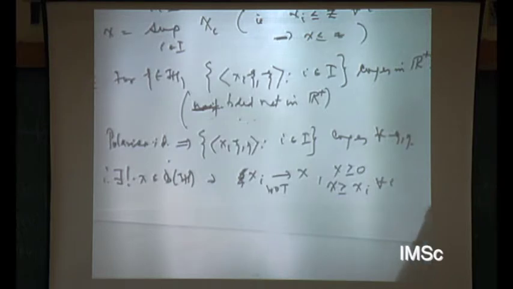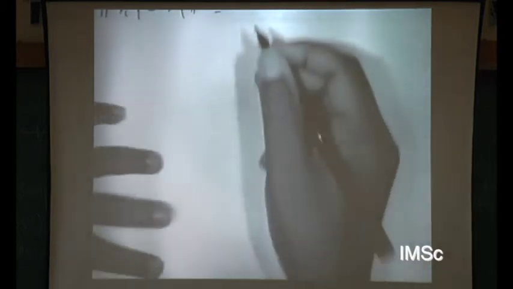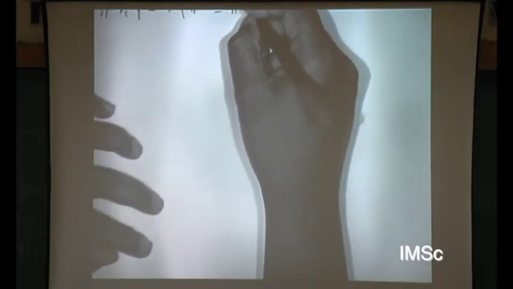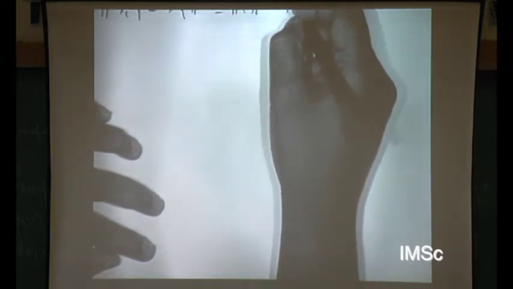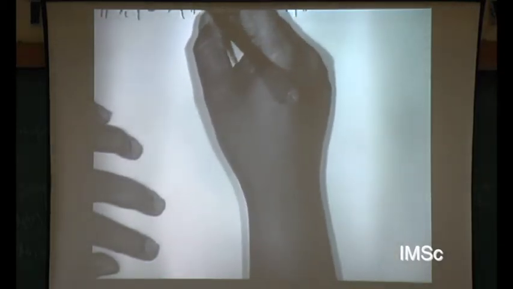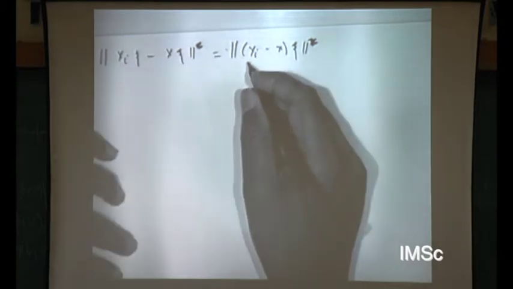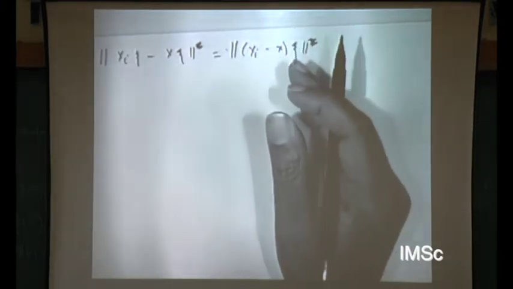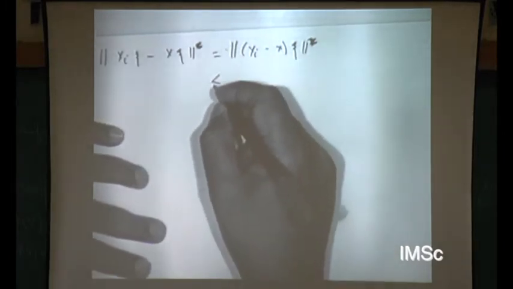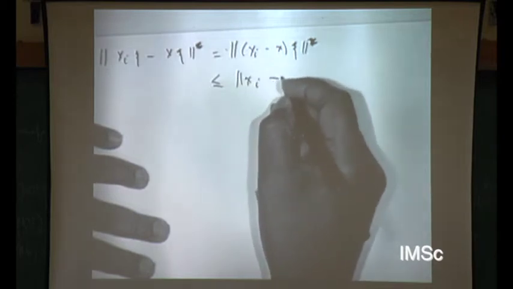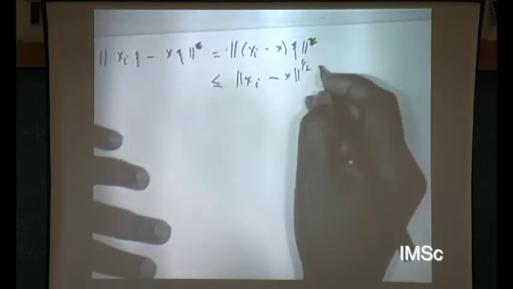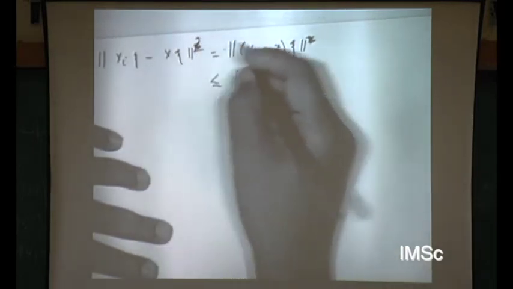And further, we see that x is greater than or equal to x_i for all i. Right? Consequently, x minus x_i is a positive operator. So this I write as the norm of (x minus x_i) xi squared. And now this is a positive operator, so you can write this as z power half times z power half. So less than or equal to the norm of (x minus x_i) power half.